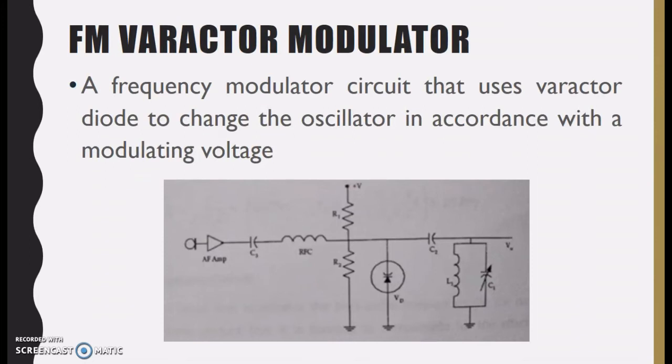So in this next part, I show to you an FM varactor modulator. This is a frequency modulator circuit that uses a varactor diode to change the oscillator frequency in accordance with the modulating voltage. So this figure shows the basic concept of a varactor frequency modulator.